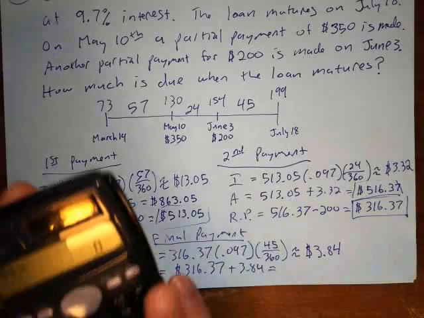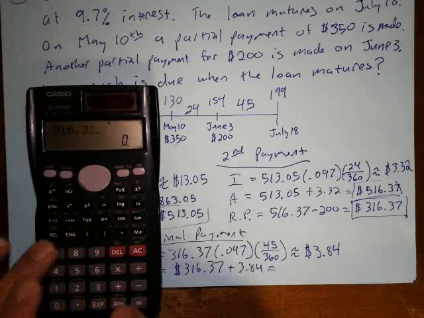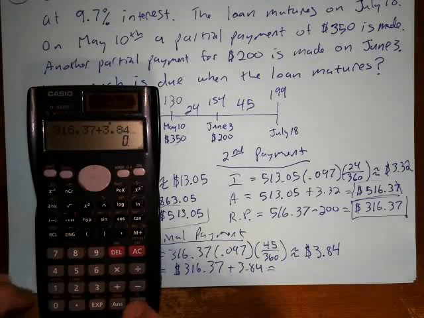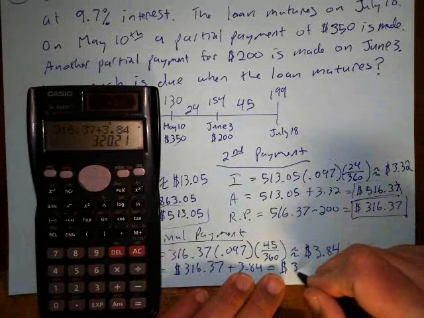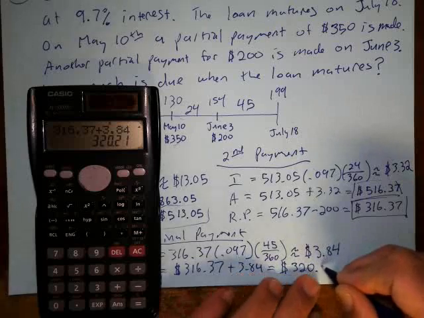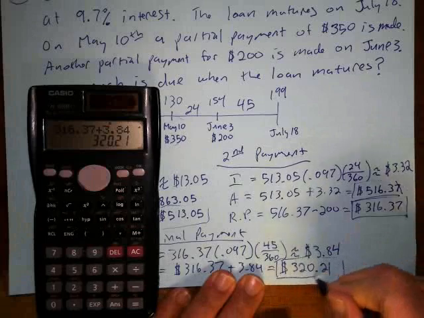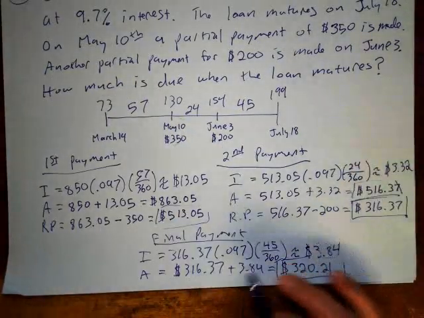So 316.37 plus $3.84, I get $320.21, and that would be the final answer, that's how much is due when the loan matures.